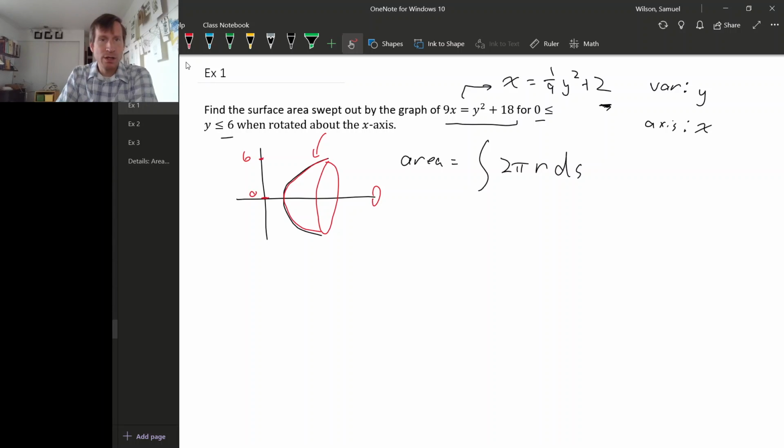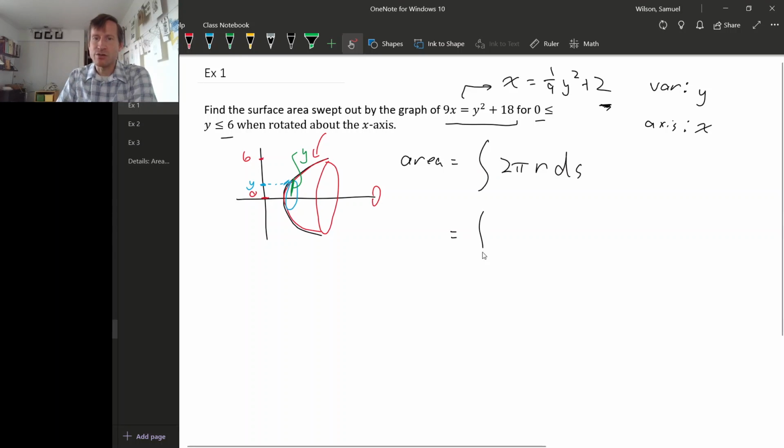So our independent variable is y, and here is a typical little piece of arc length. It's going to go around a circle like this, and the radius of that circle is this green distance here, and that green distance is just y.